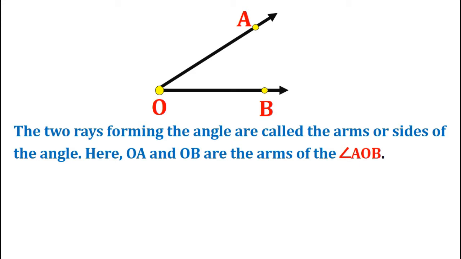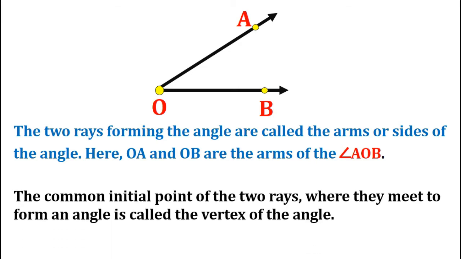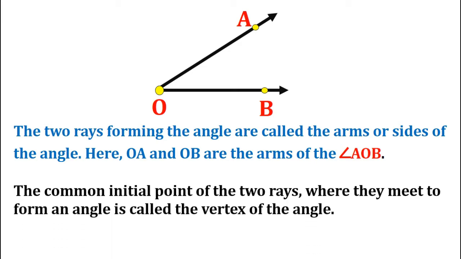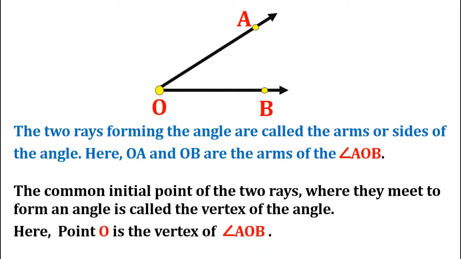The arms can also be named as AO and BO. The common initial point of the two rays where they meet to form an angle is called the vertex of an angle. Here, point O is the vertex of angle AOB.